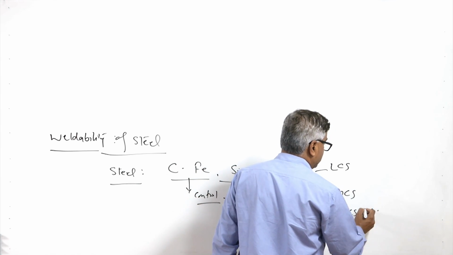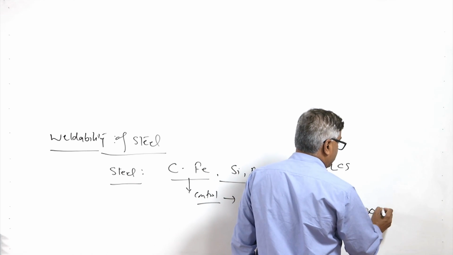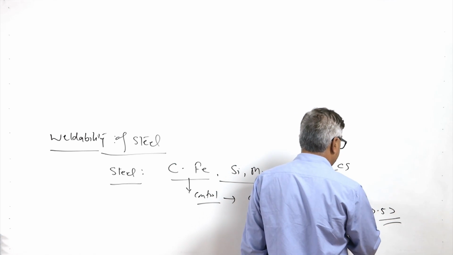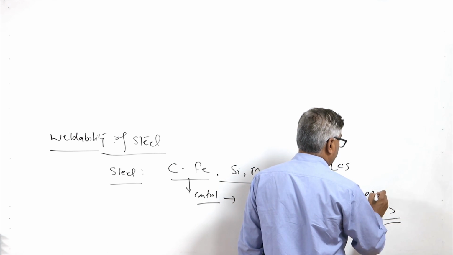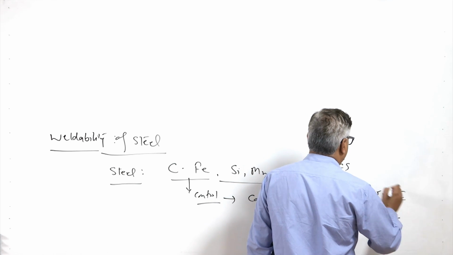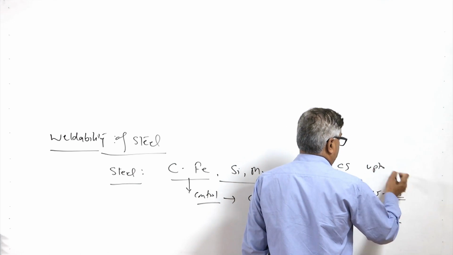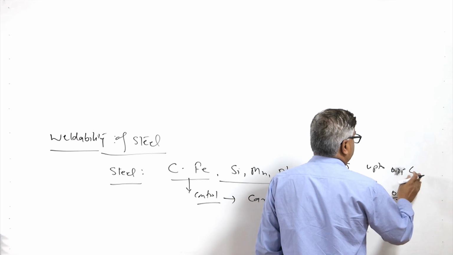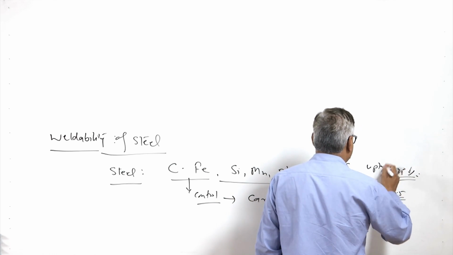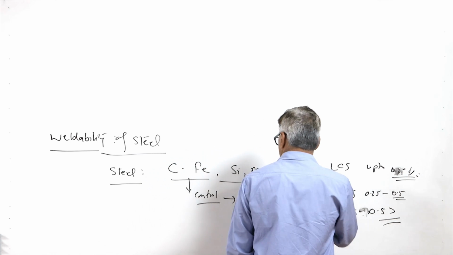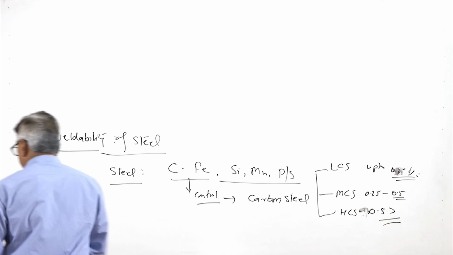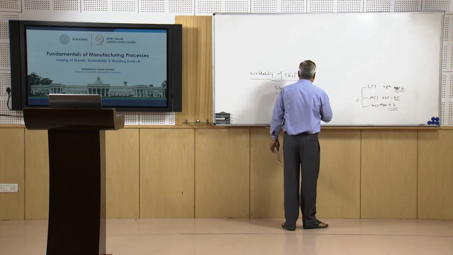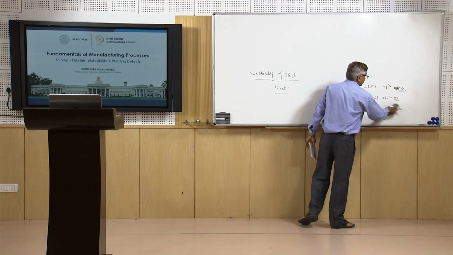High carbon steel generally has a carbon content greater than 0.5, medium carbon steel has 0.25 to 0.5, and less than 0.25 carbon content, in terms of weight percentage, is observed in low carbon steels, because the carbon content in the steel has a significant effect on the properties and the structure of the steels.